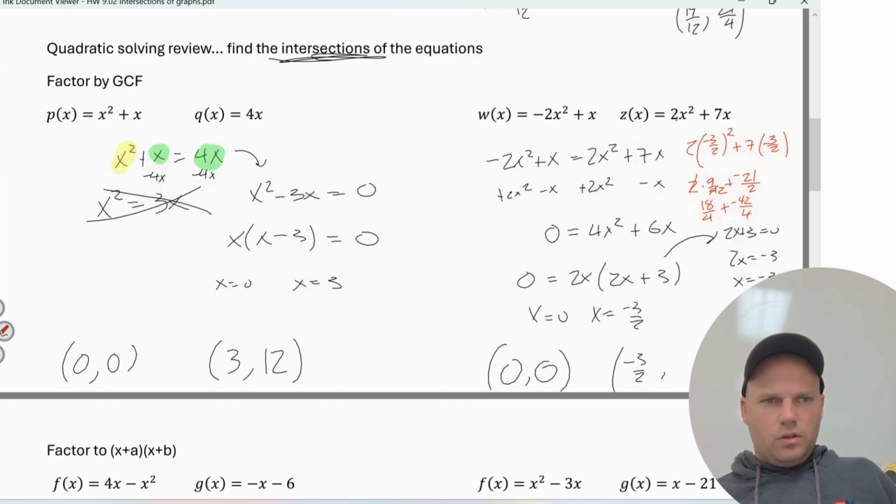Wait, what did I say the answer was? That's negative 6. If I have 9 halves minus 21 halves, I have minus 12 halves, which is minus 6. Look at that.